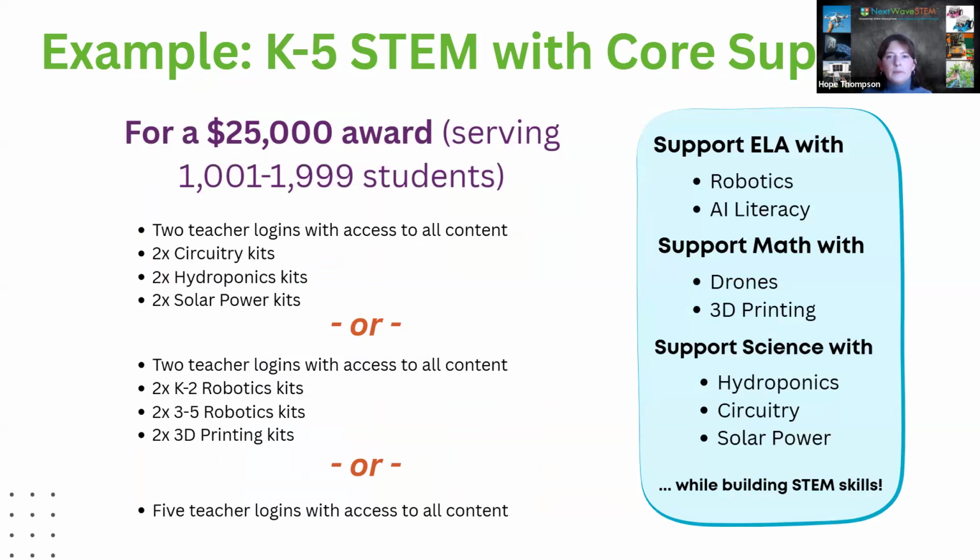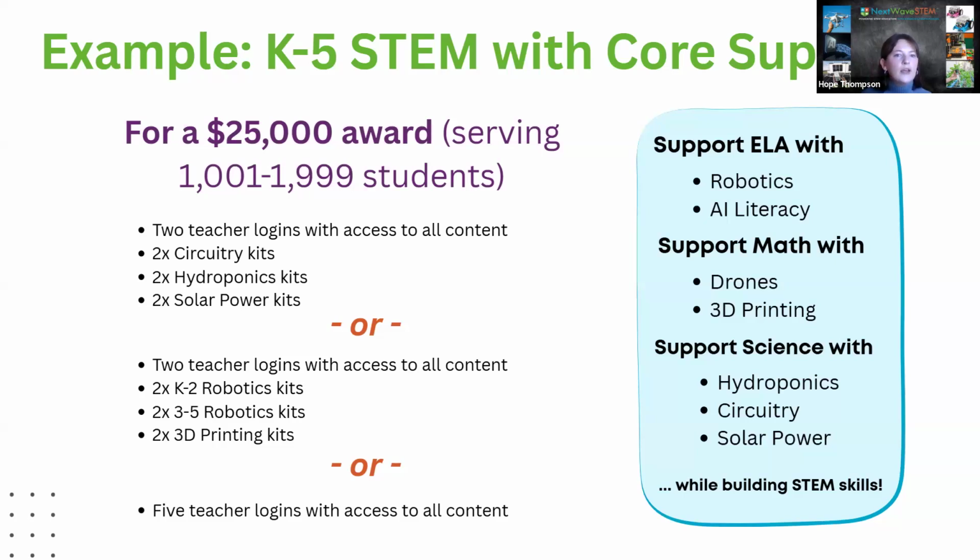Now with this program, depending on exactly what the focus you'd like to apply that core support towards, you can see different iterations. So this first example, 2 teacher logins, maybe we're thinking about 2 elementary schools with access to all content, and we're focusing in on the science support. So this is a couple of schools who really want to increase their student achievement in science.